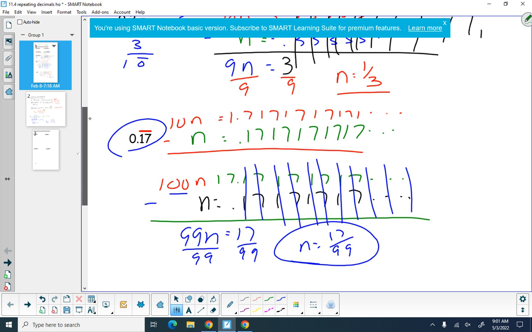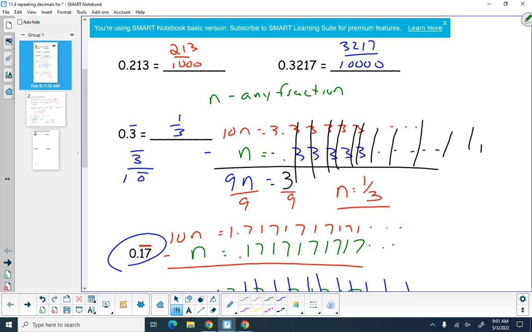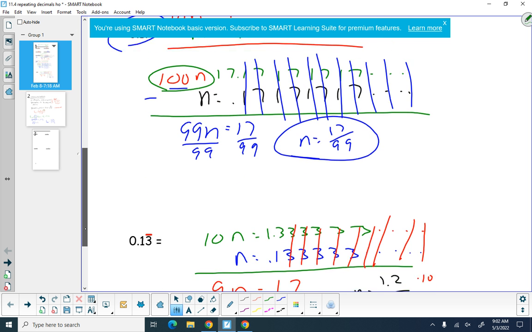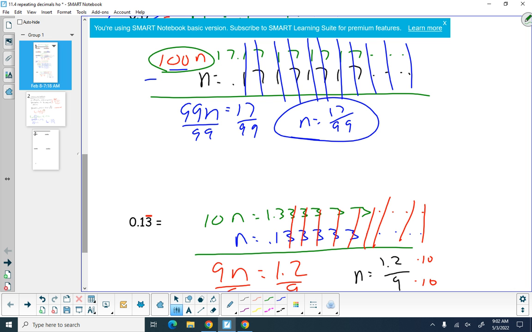But if I take a look, when I had 0.3 repeating, I multiplied both sides by 10. When I had 0.17 repeating, I had to multiply both sides by 100. When I had 0.13, just the 3 is repeating, I was okay with multiplying both sides by 10.